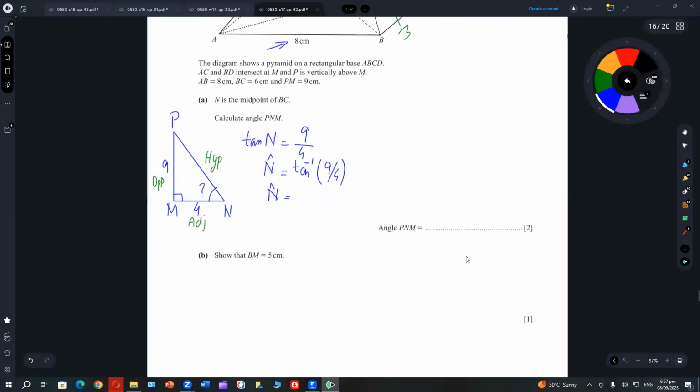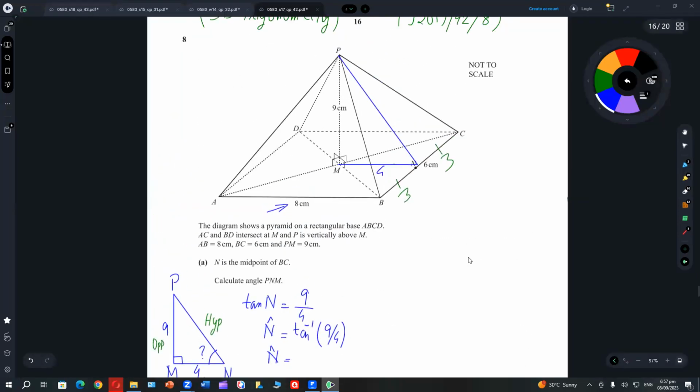We need to find BM. If you look at the BM position, BM is coming in another triangle.